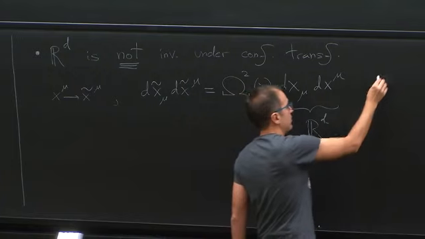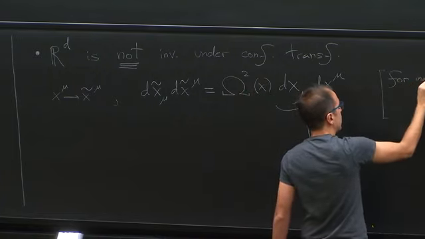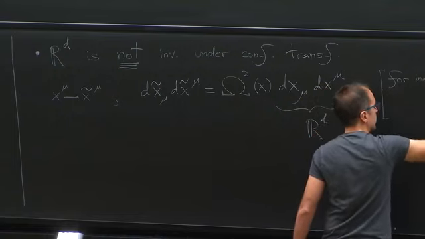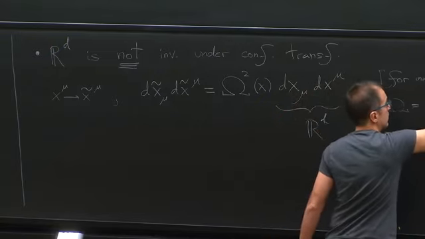And we saw a couple of examples. For example, for an inversion, where x tilde is x over x squared, this omega factor is 1 over x squared.